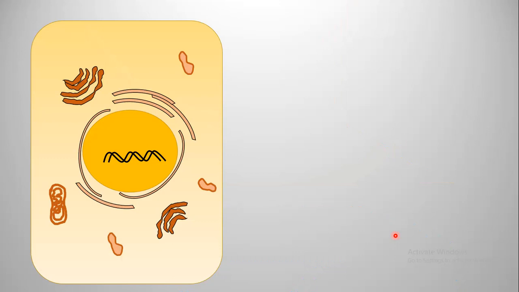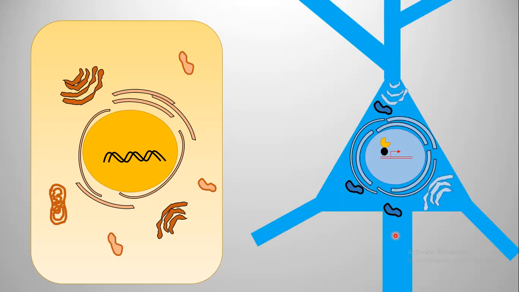Now this is a typical cell which has a nucleus, endoplasmic reticulum, Golgi, mitochondria, other cell organelles, etc. Neurons from a cell biological aspect have all of those. But how is a neuron different from a normal cell? From a functional aspect, a neuron is pretty different from a normal cell.